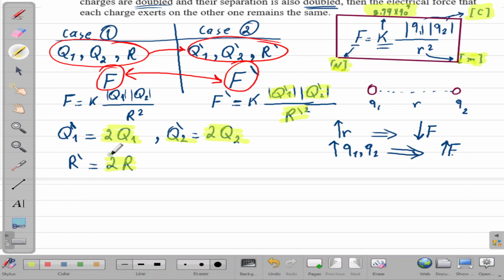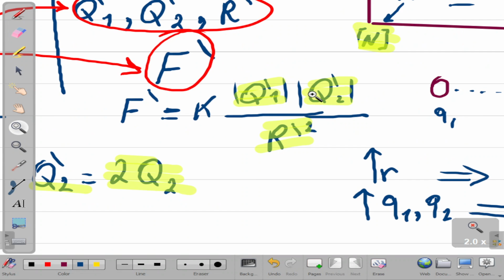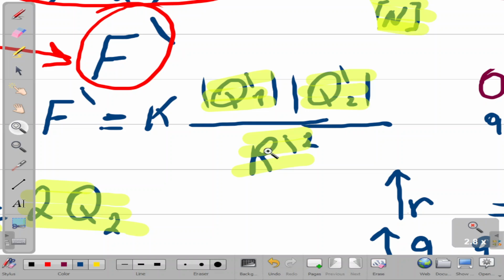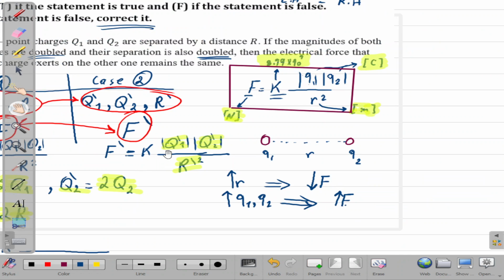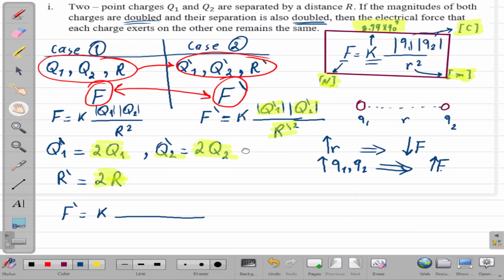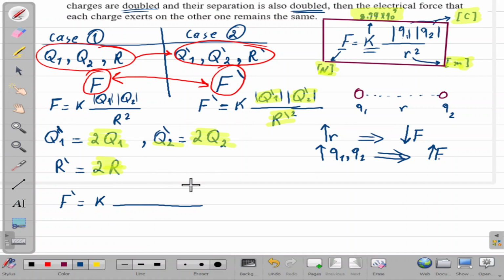Since they are equal, we can make the substitution. So, therefore, F prime is equal to K. We will replace Q prime 1, Q prime 2, R prime with the values that we have concluded from the question.